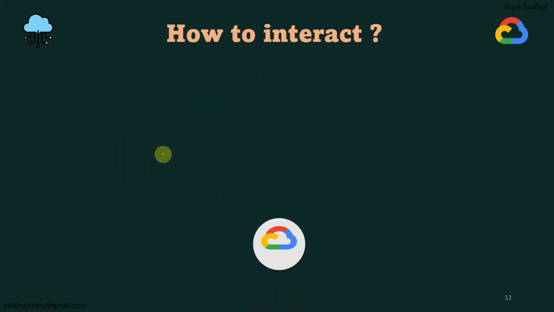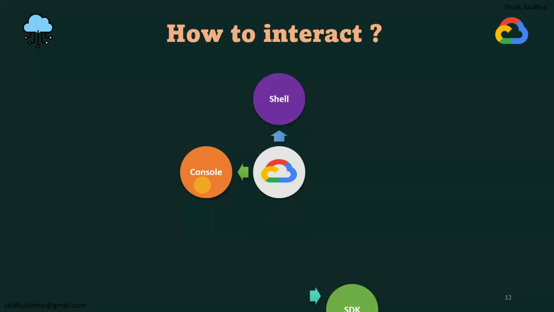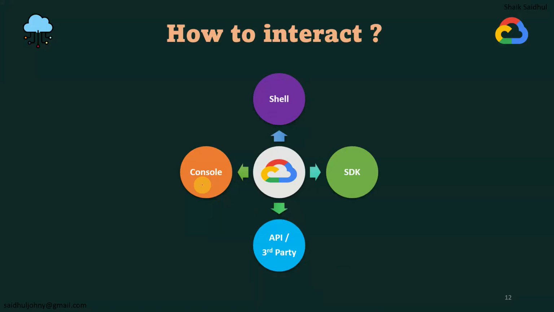So if I wanted to interact with the GCP services for my data engineering activities, there are totally four interaction methods. The very first one is the console. The second one is Cloud Shell. The third one is Cloud SDK. The fourth one is APIs and third-party tools.